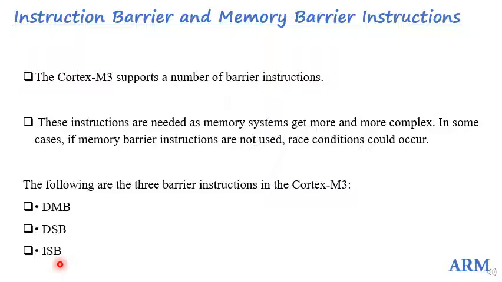In such cases also barrier instructions come into the picture. This is to avoid ambiguity in accessing the instruction. If these memory barrier instructions are not used, then race conditions would occur.